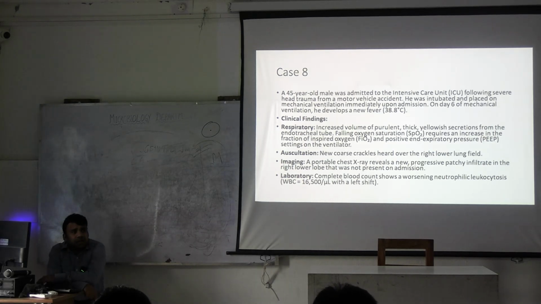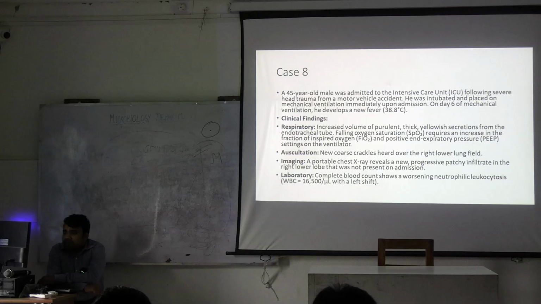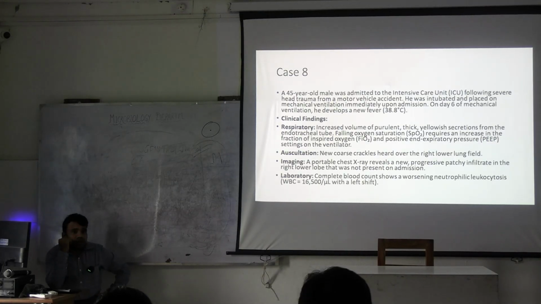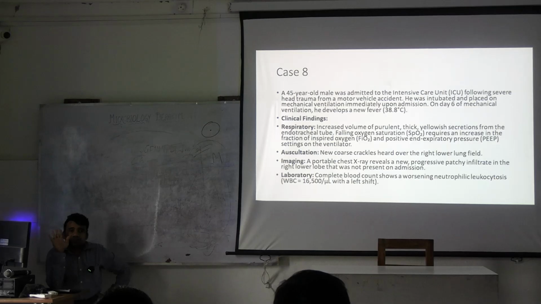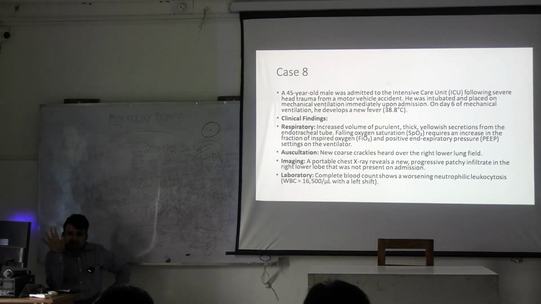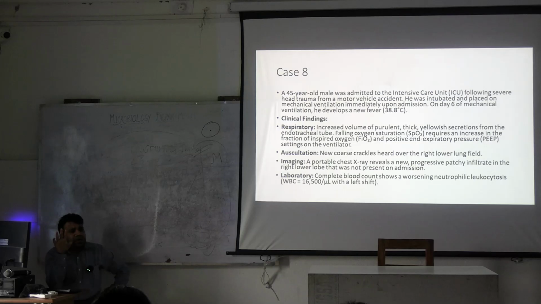On imaging, there is opacification in the lung. Laboratory report shows leukocytosis. কি দাঁড়াচ্ছে এই কেসটা? What is this case? The patient was kept in ICU, required mechanical ventilation 6 days after intubation, started developing various signs and symptoms.